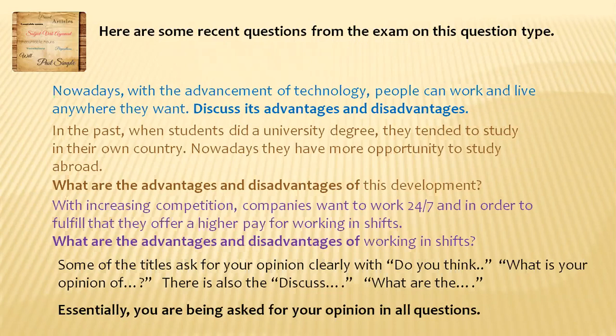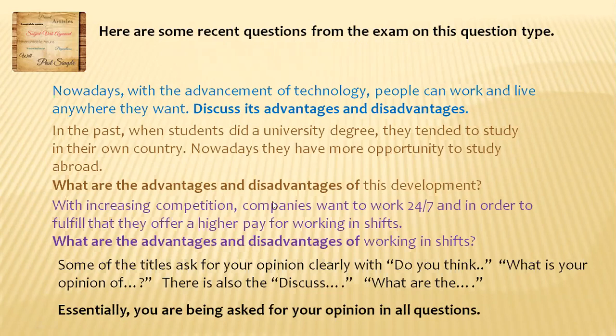Nowadays, they have more opportunity to study abroad. What are the advantages and disadvantages of this development? With increasing competition, companies want to work 24/7, and in order to fulfill that, they offer a higher pay for working in shifts. What are the advantages and disadvantages of working in shifts?